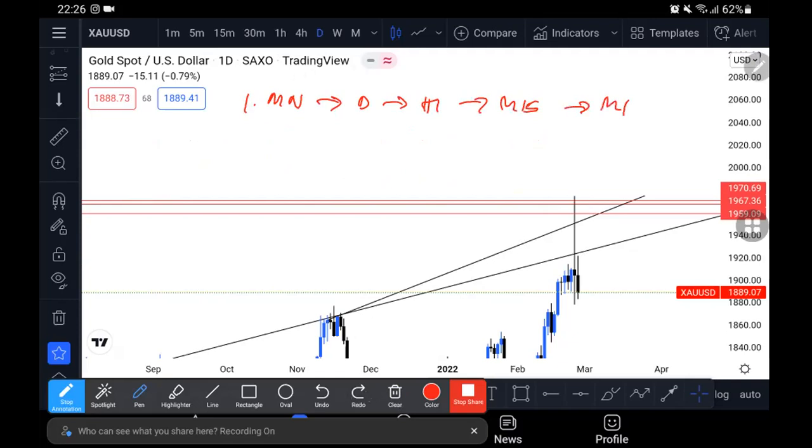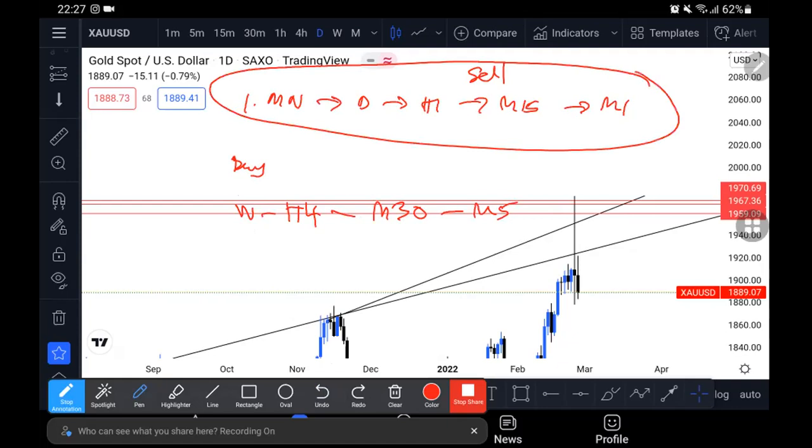Because we are taking the sell from the monthly. So this one is for sell, and this is for buy. Weekly, H4, M30, M5. So what they do, this is they're gonna find their entry.